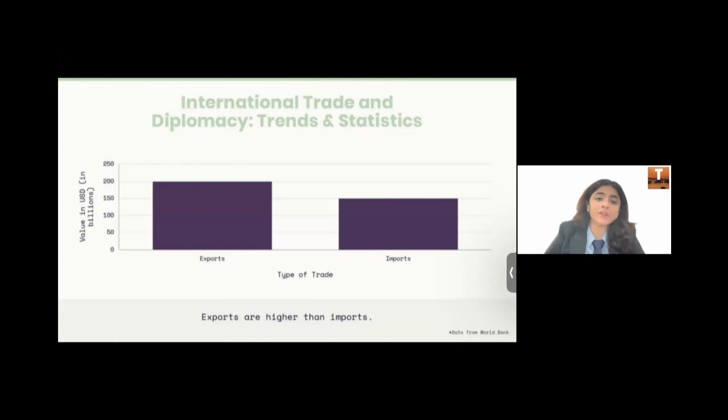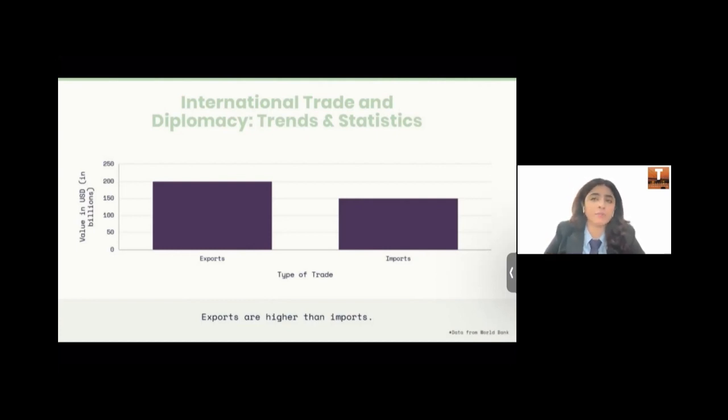Multilateral forums such as the UN, the G7, the G20 (India is holding the presidency of the G20), and also the SCO, the Shanghai Cooperation Organisation, serve as platforms for diplomatic engagement on trade and other international issues.